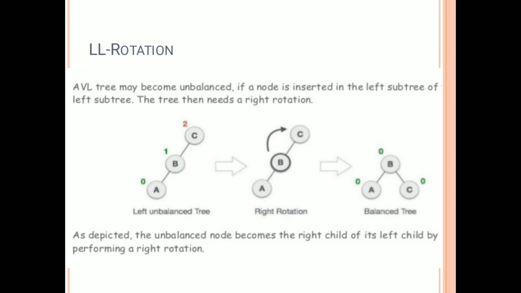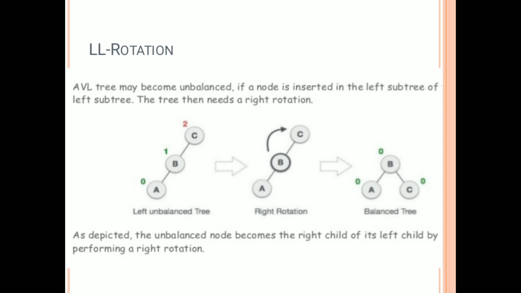What is LL rotation? An AVL tree may become unbalanced if a node is inserted in the left subtree of the left subtree. The tree then needs a right rotation.